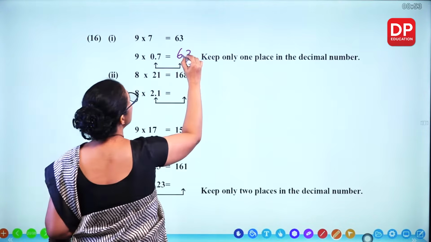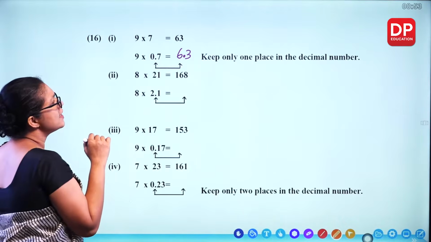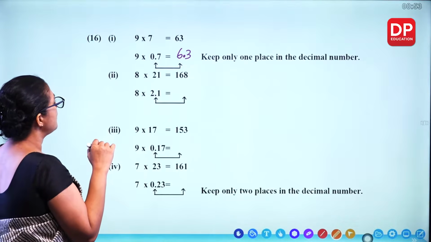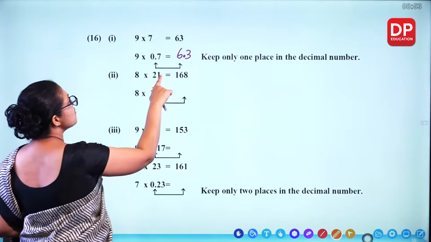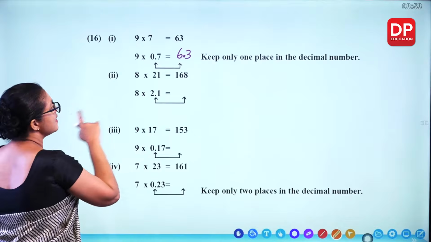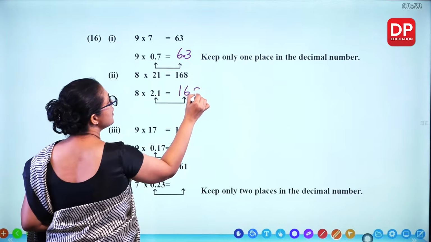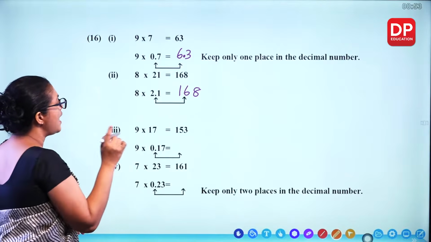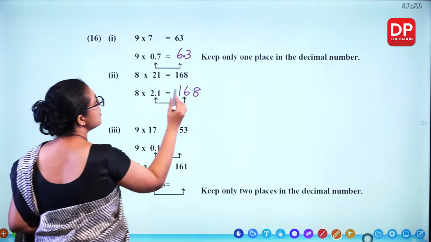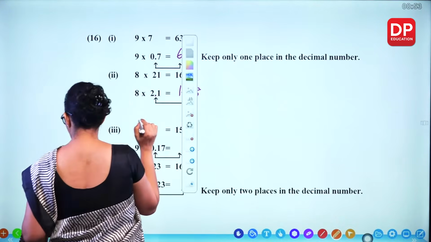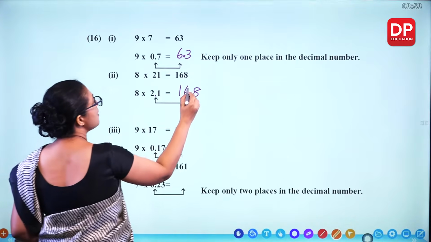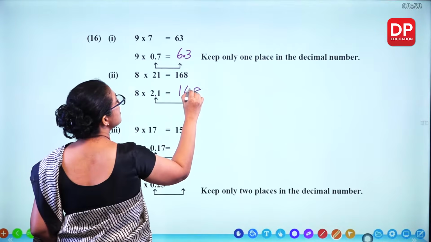So you keep one decimal point for the answer, 6.3. 8 times 21 is 168. So if you want 8 times 2.1, first you write down the number without decimals and keep one decimal point. So one place you have to keep, so 16.8.